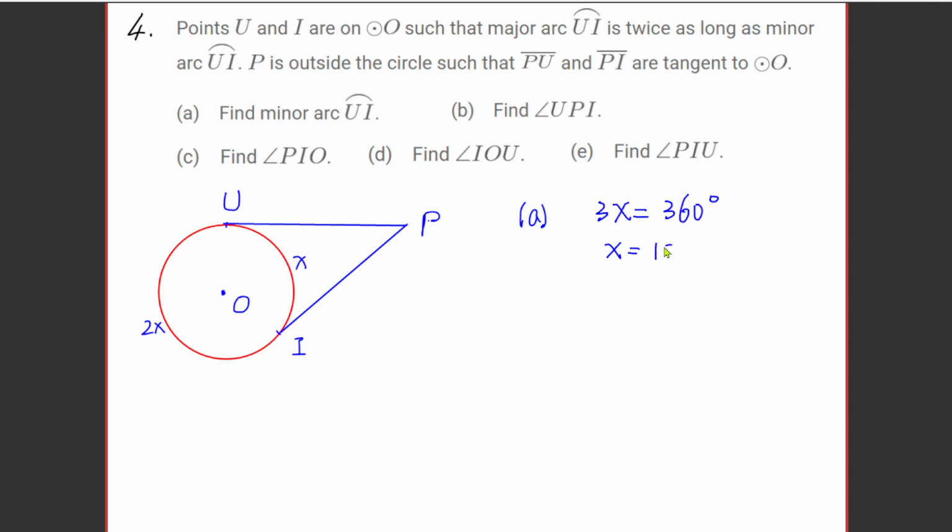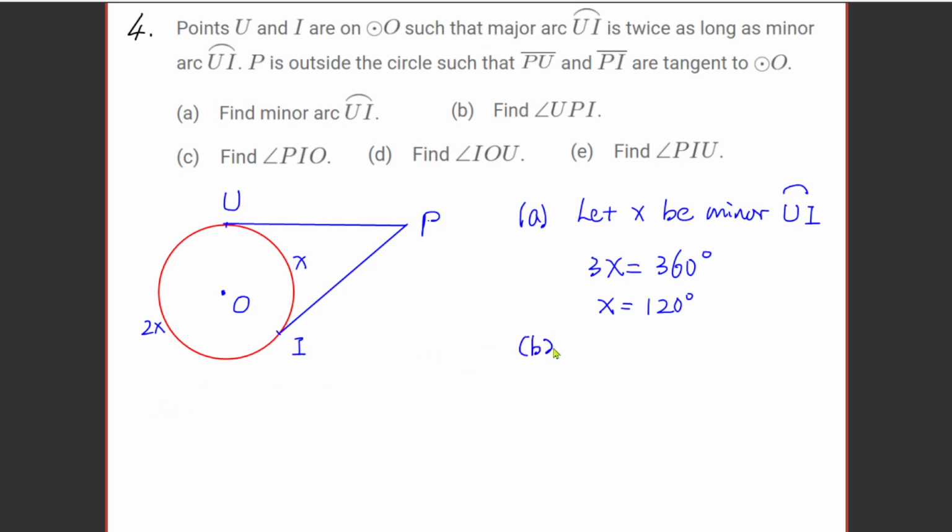Then x equals 120 degrees, right? But first of all, you need to state what is your x. So let x be minor arc UI. Then we have the minor arc UI is 120 degrees. And then we can consider the second question, find angle UPI.